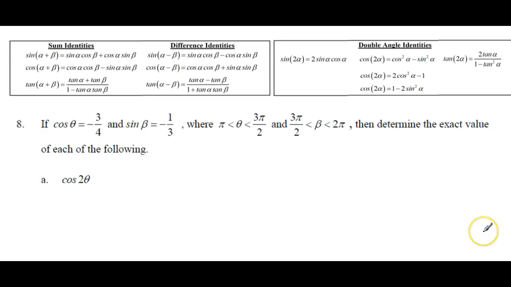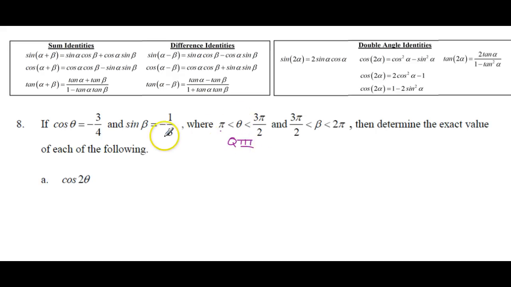Okay, and again, for number 8, we are on 8, 7, 9, but 8 has 3 parts. Just keep going. It's been 36 minutes. If cos theta is negative 3/4 and sine beta is negative 1/3, where theta is between pi and 3 pi over 2, also known as quadrant 3.